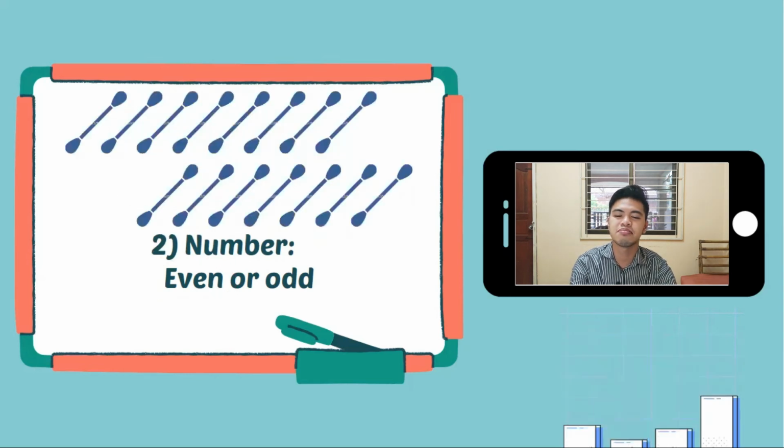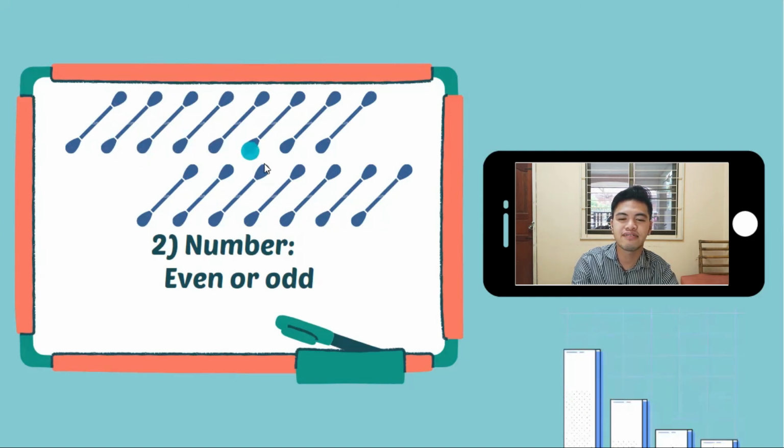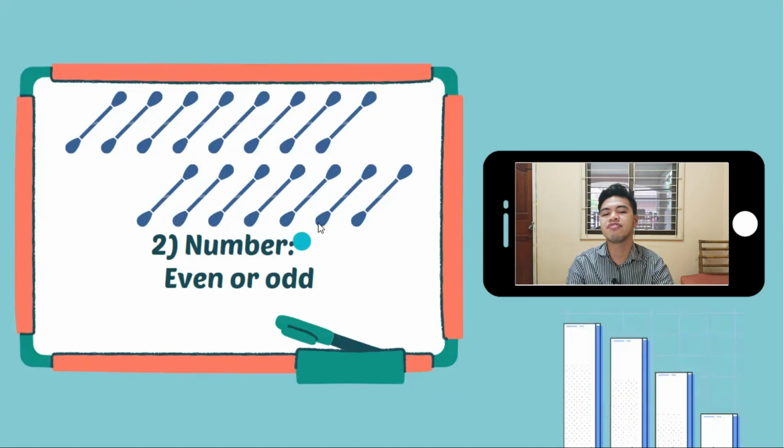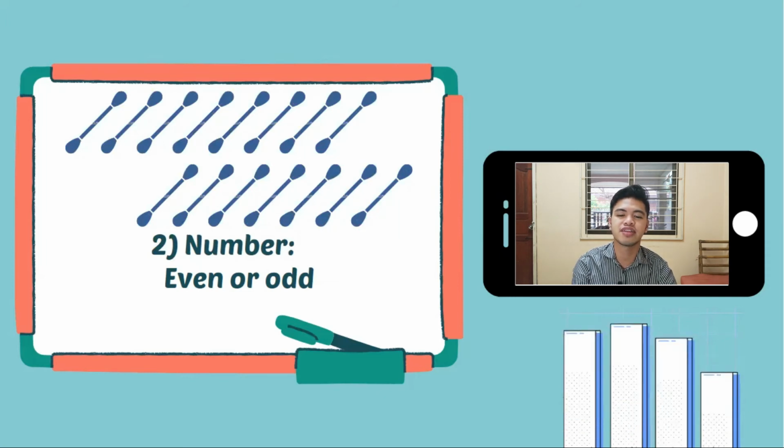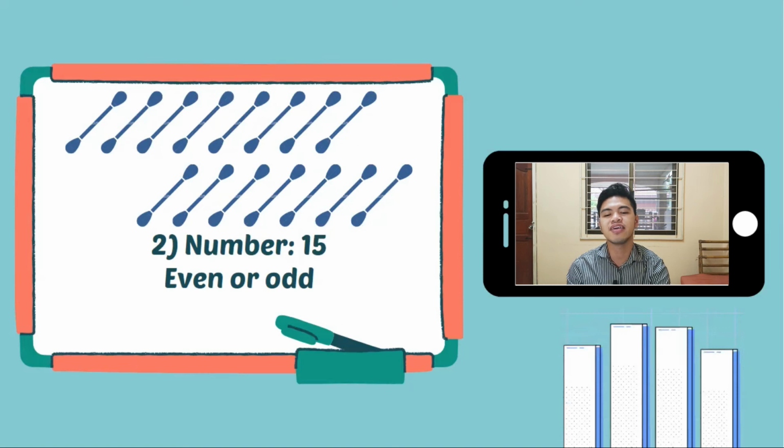We have cotton buds. Okay, let's count the cotton buds. 1, 2, 3, 4, 5, 6, 7, 8, 9, 10, 11, 12, 13, 14, and 15. There are 15 cotton buds. So we're going to write 15 as the number, and then we're going to decide if it is even or odd.